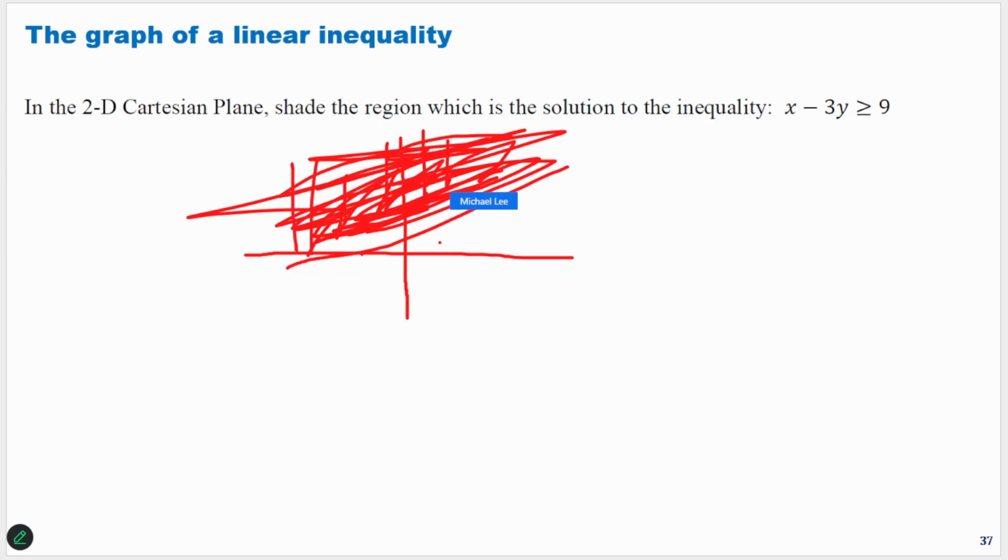Just like this. Okay, you can compare yours with my solution.